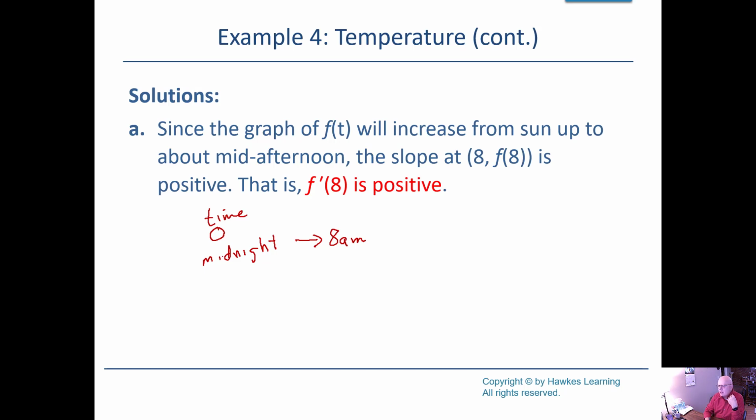So we're going from midnight to 8 a.m. What's happening to the temperature? In South Carolina, you've been here, from midnight to 8 a.m., what's happening? Well, actually, it's still cooling off because the sun hasn't come up yet, for the most part.